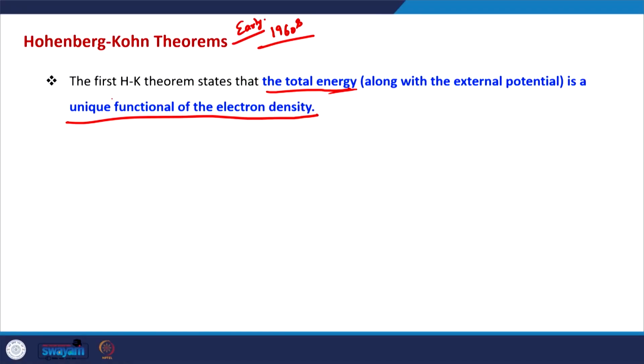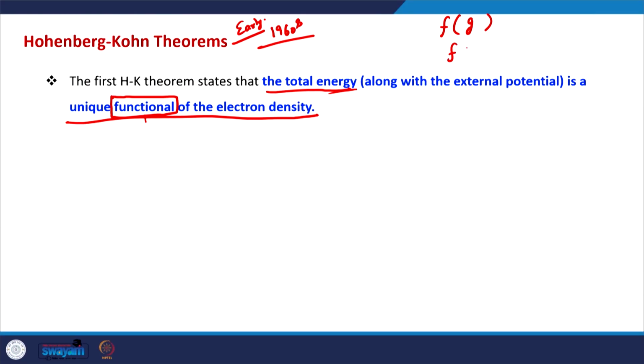And now this functional is a new term here. A functional is a function whose argument is also another function. So, very loosely defining, it is a function of functions.